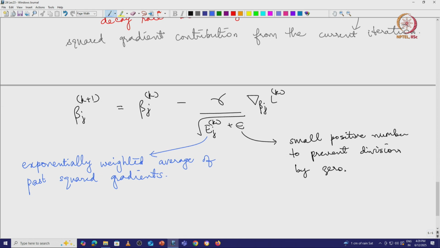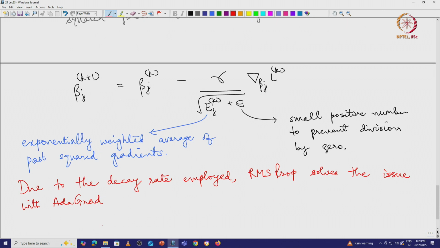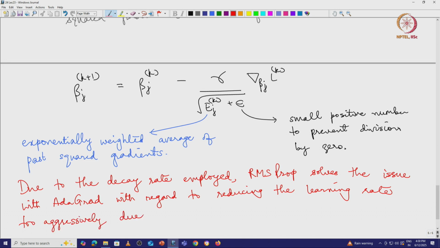Okay. So, this is nice because, due to the decay rate employed, RMSprop solves the issue with Adagrad with regard to reducing the learning rate too aggressively due to past values of large squared gradients.